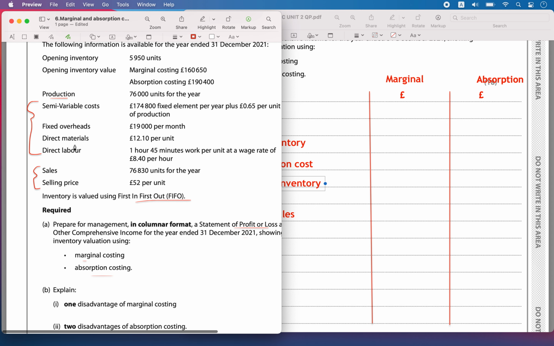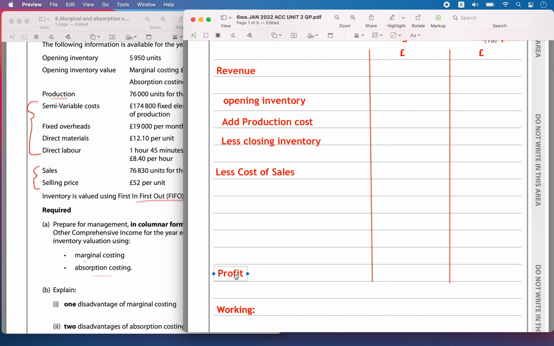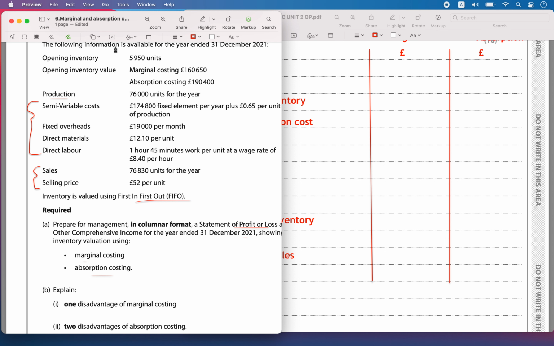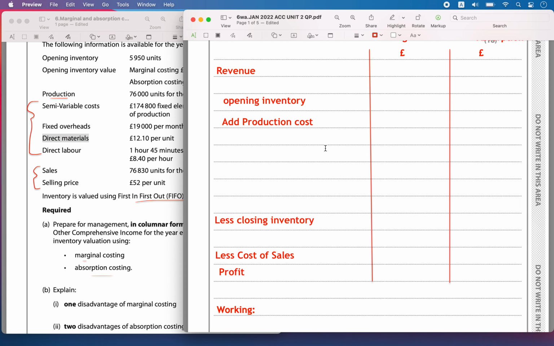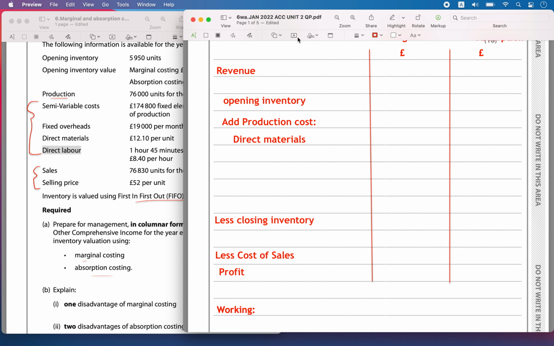But here we have 4 different types of production costs, so we have to show those as well. The first production cost is the direct material. The purchases or total production cost has not been given, only direct material.